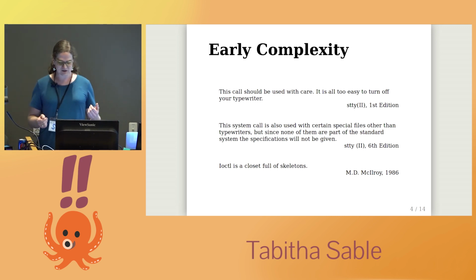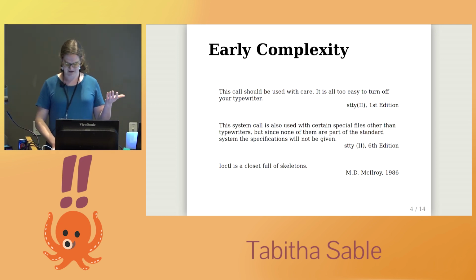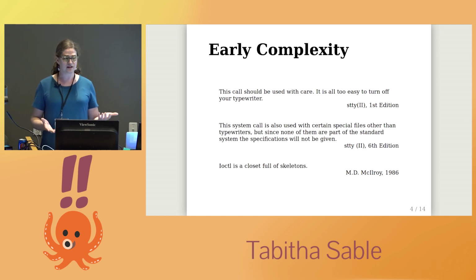A few years later, by 1975, the 6th edition manual documents the stty command providing package options so that after you log in, you run the right package for the brand of terminal you're sitting in front of, and it magically makes everything work for you. And this is because whatever terminals were available were the ones in use, and you want to make things as easy for the user as possible.